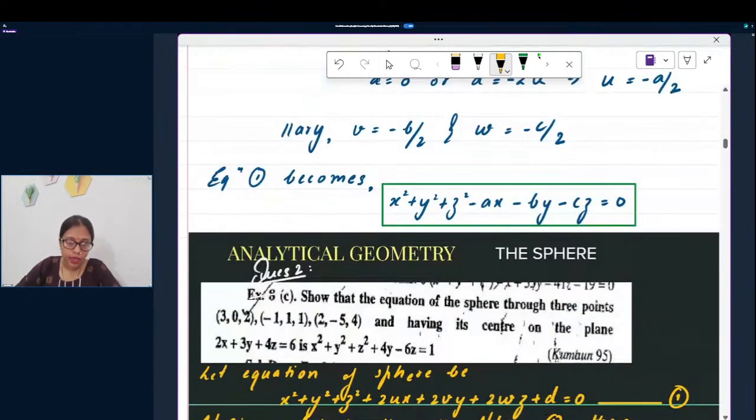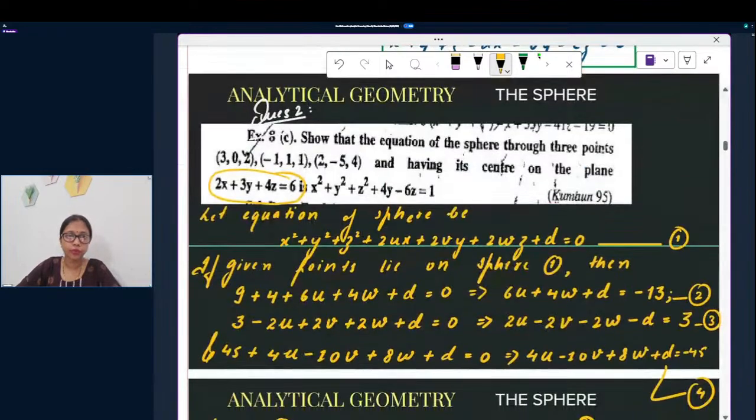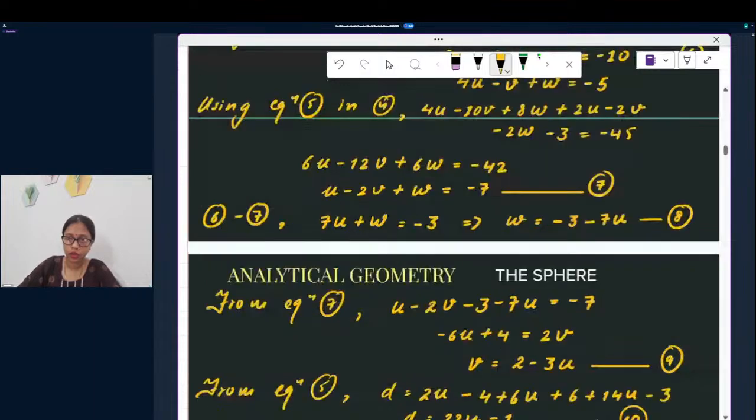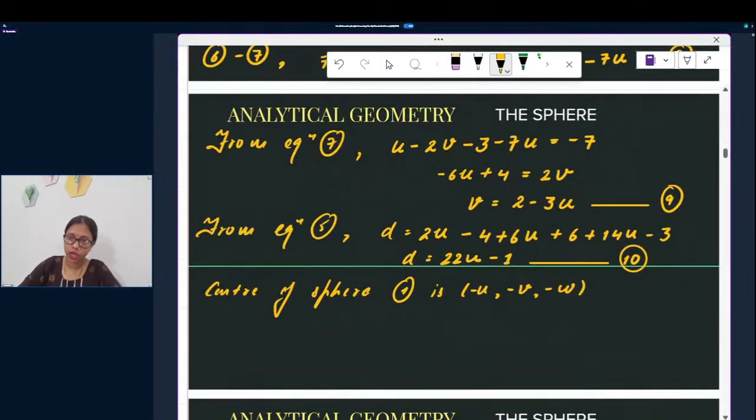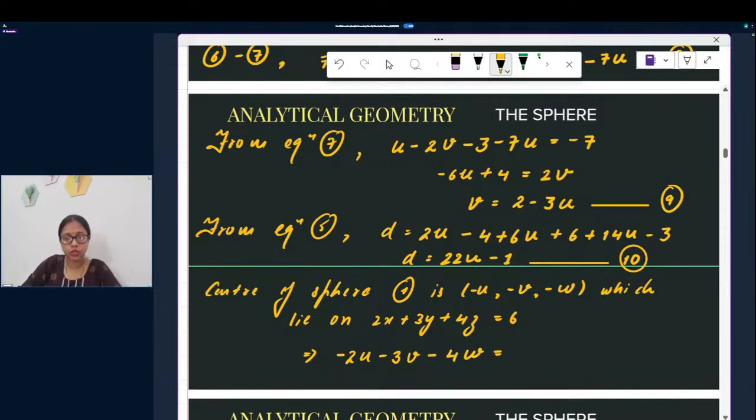Then the center is on this plane. That means that point satisfies this equation, right? Which lies on the given plane. The center of this lies on 2x plus 3y plus 4z is equal to 6. It implies minus 2u minus 3v minus 4w is equal to 6.